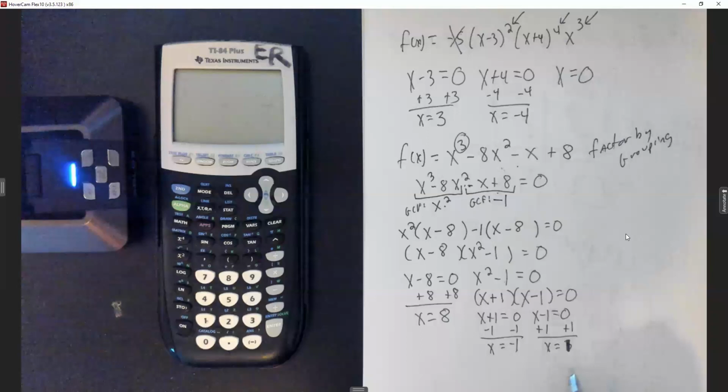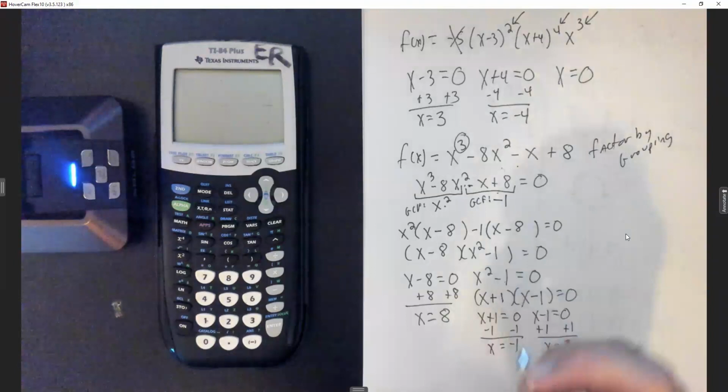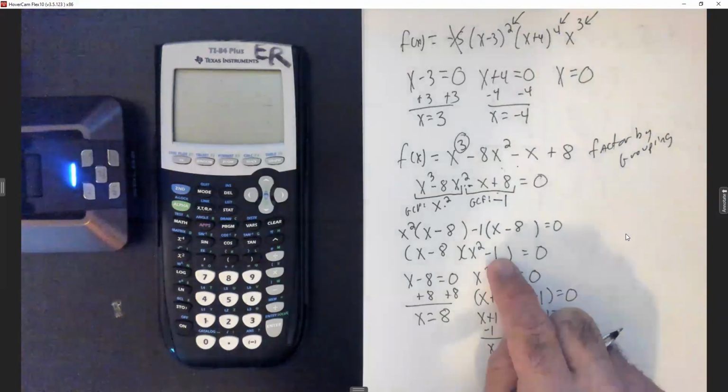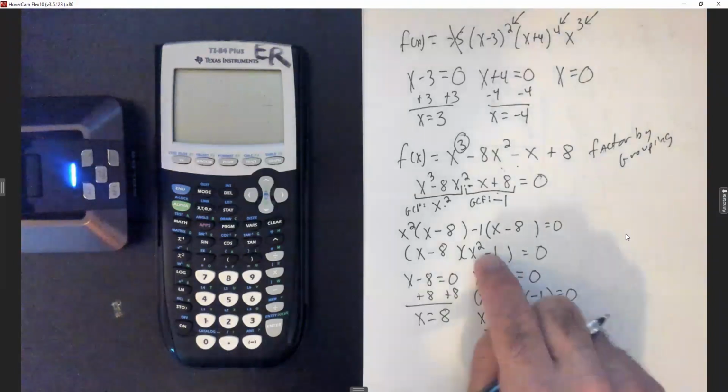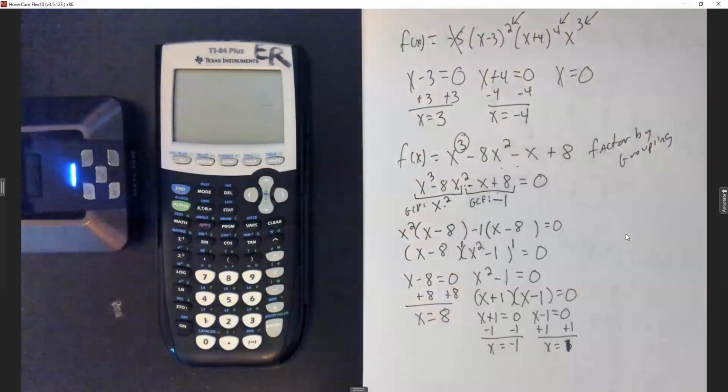And up here where I had it factored, since I don't have parentheses outside these with exponents, it would be like they both had a 1 by them. So all my zeros got a multiplicity of 1. So let's go put that in.